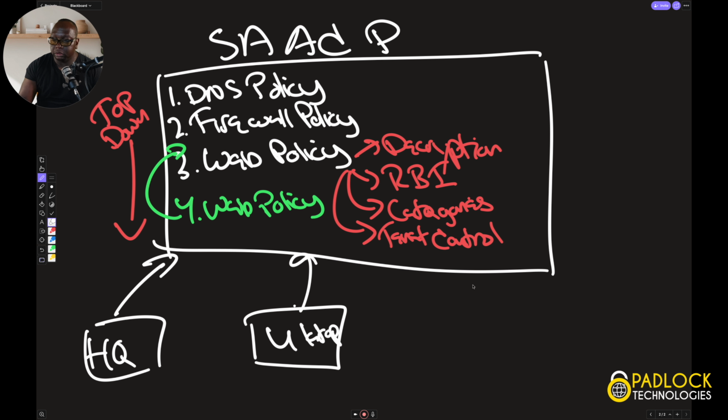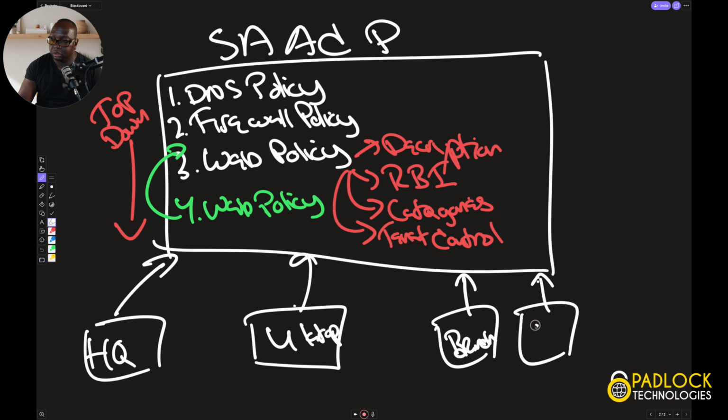If it is, I already said, branch office. So let's say you have a branch office, you have data centers, doesn't really matter. All of this is controlled by the Secure Access policy.